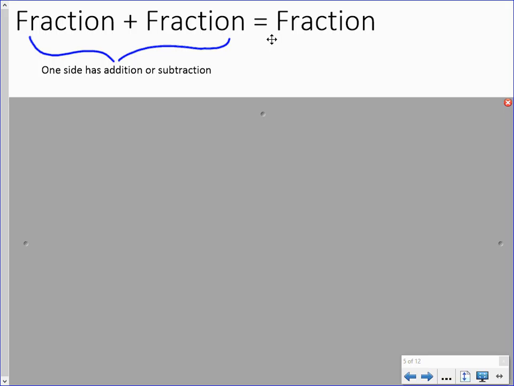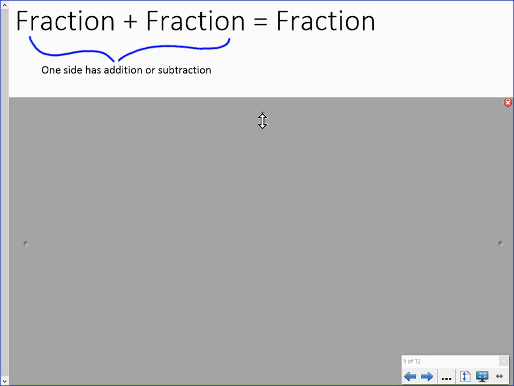It could be a fraction being added with or subtracted from another fraction. Also note that any of those fractions could be whole numbers, like 5 is really 5 over 1. So those are still considered fractions, even though they might not look like one immediately.